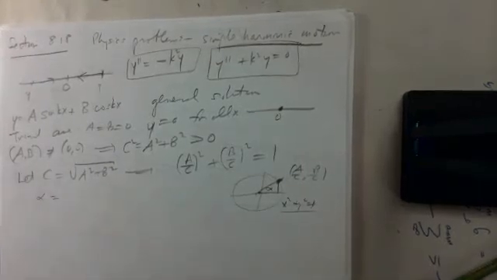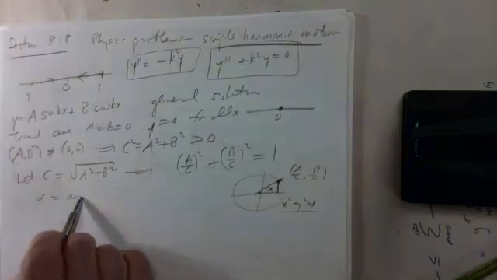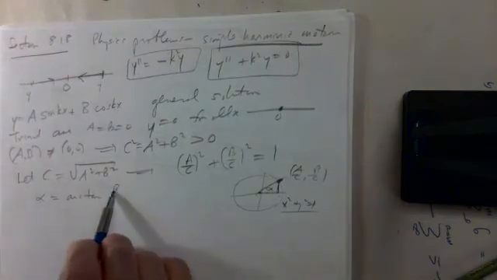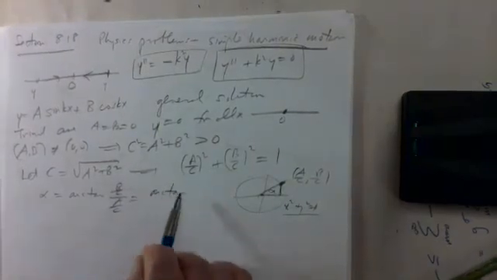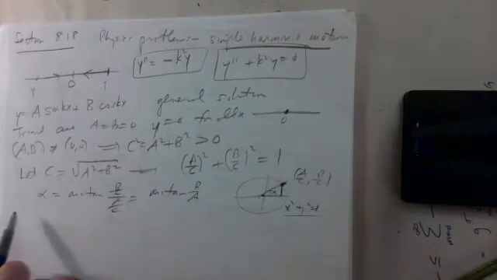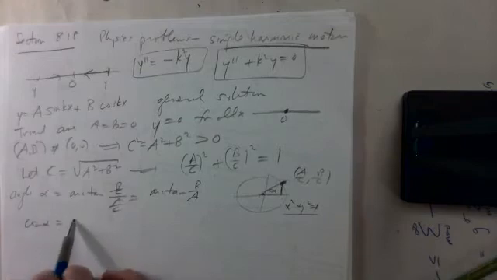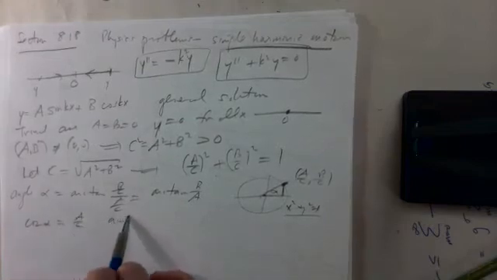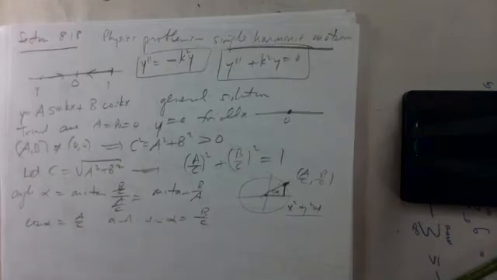If you wanted to write it down, the tangent of alpha is this over this. So alpha is the arctangent of b over c over a over c, which is the same as the arctangent, because the c's cancel, of b over a. So that's this angle alpha. This is the unit circle. The cosine of alpha is a over c, and the sine of alpha is b over c.